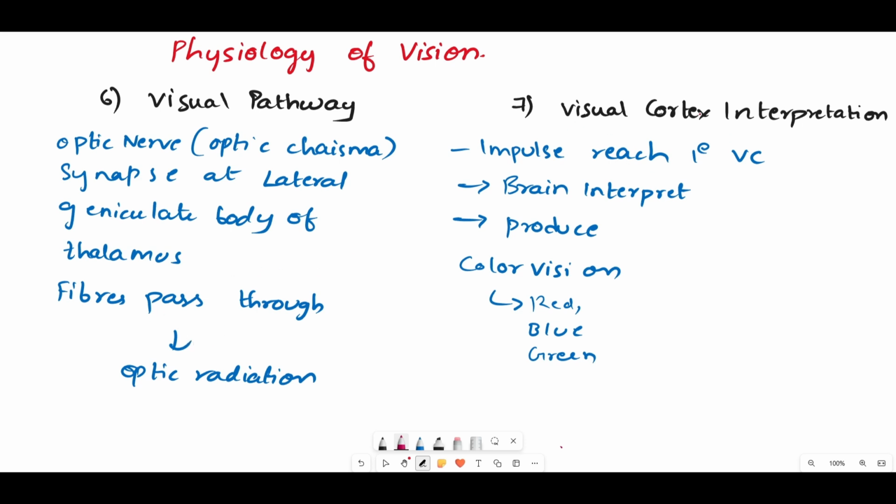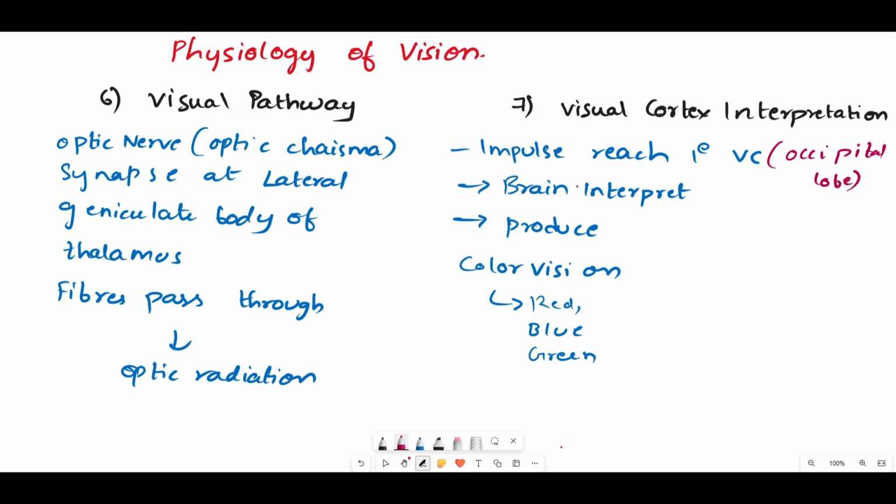And coming to the visual cortex interpretation, here the impulses reach the primary visual cortex. Once the impulses reach the primary visual cortex, this is also called the occipital lobe.